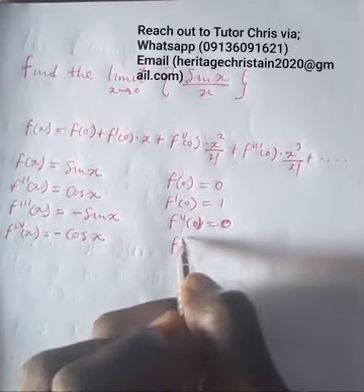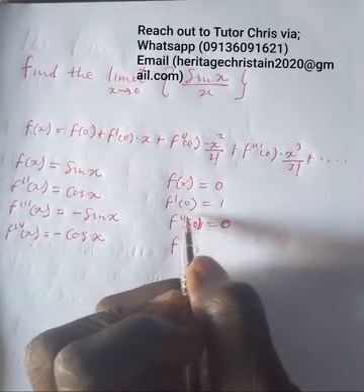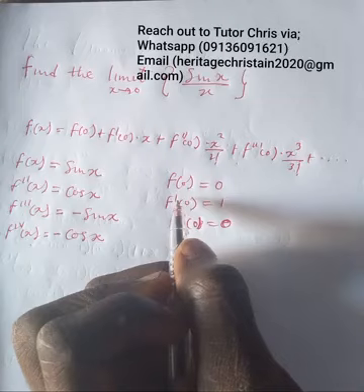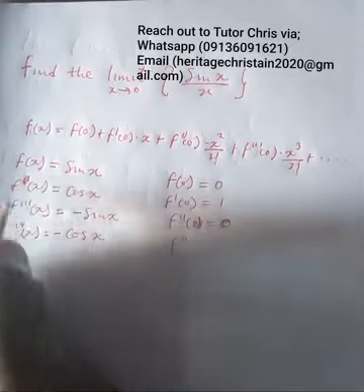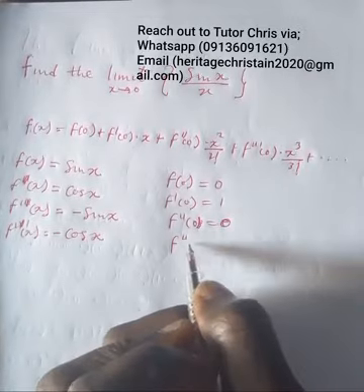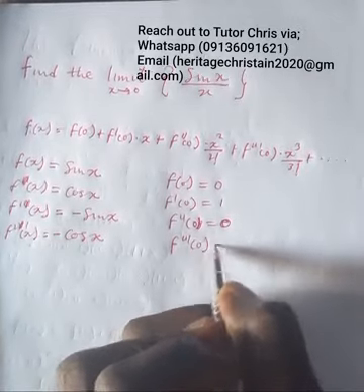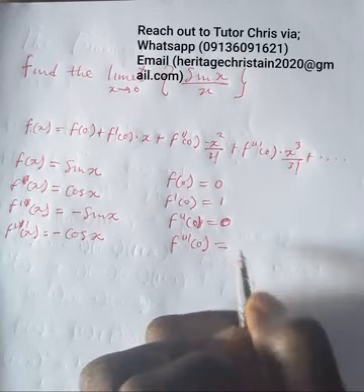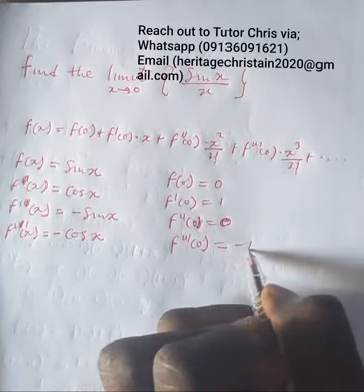Oh sorry, this is f prime, this is f double prime. So I'm going to have the third derivative of 0 to be equal to minus 1. That's cool.